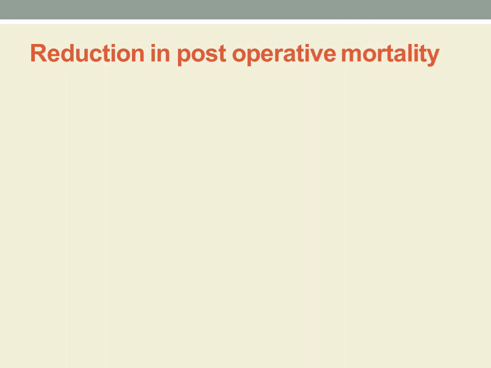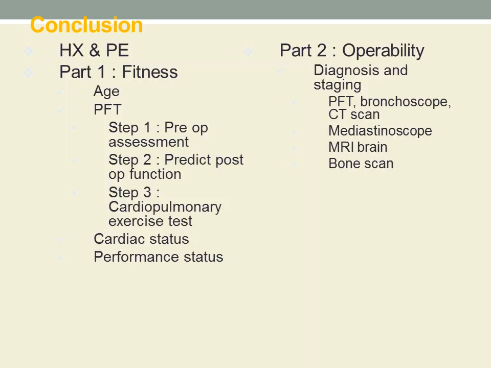So these are the measures to control the mortality. In conclusion, we have to do the history, physical examination, fitness, age, PFT, cardiac status, performance status, operability, diagnosis and staging by PFT, bronchoscopy, CT scan, mediastinal scope, MRI brain and bone scan. Thank you.